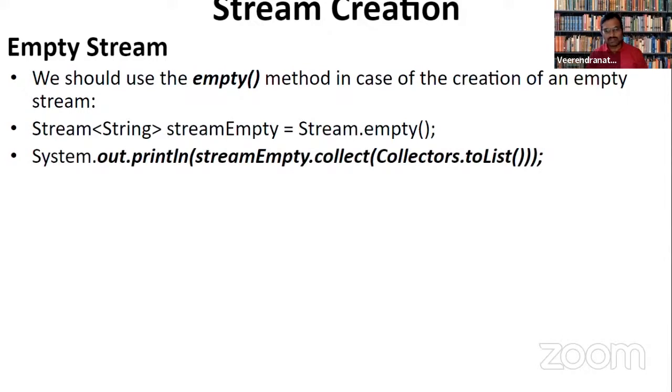So here is a simple terminal method, or a terminal operation, called collect. This collect is nothing but the collection of the object that we have. We'll talk more about collect. Just try to understand here, because when I just print streamEmpty, you won't be getting any object, because everything has to be shown with the help of some kind of terminal operation.